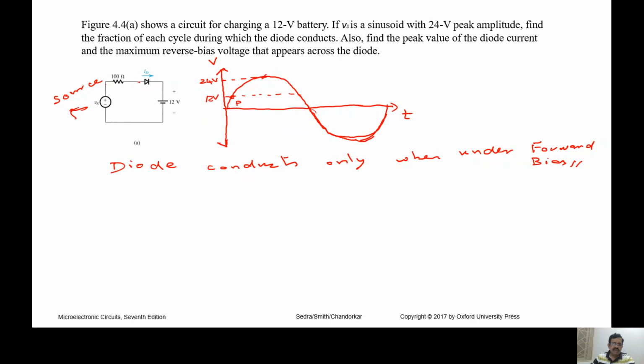So here it will be 12, it will be 5. Which means the diode will be under reverse bias. That means the diode will not conduct.